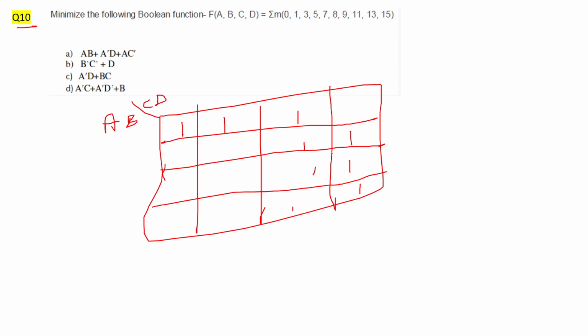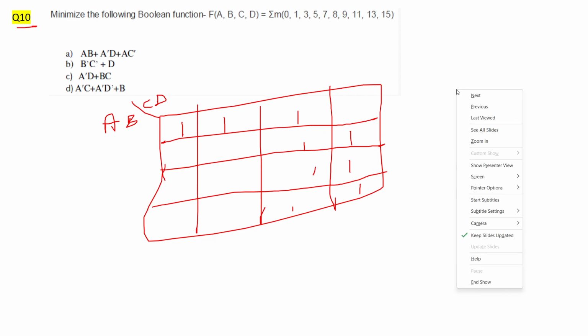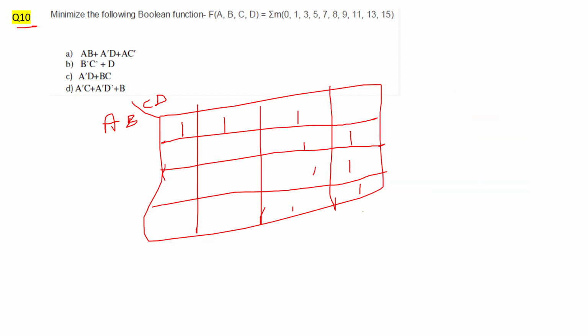That is 9 ones. And now I'll mark the groups. First, I have one more one. I made it wrong. Again, I made it wrong.